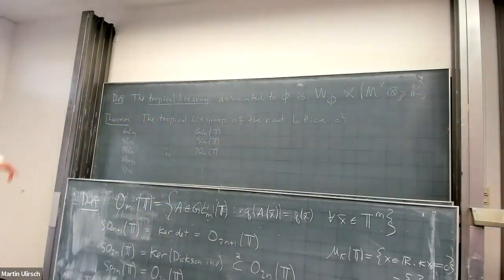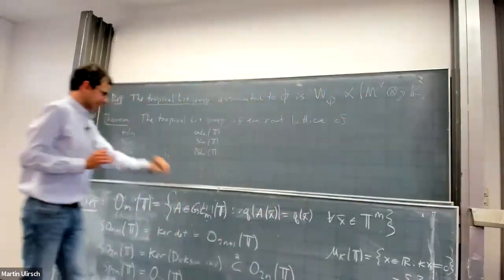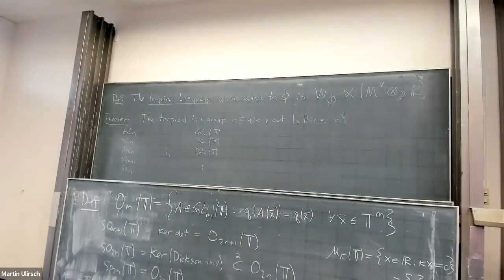So all of these constructions can be arrived at in a canonical manner just by taking your lattice and adding real numbers to it. Okay, and just one last thing.